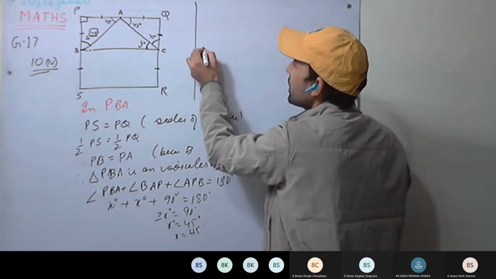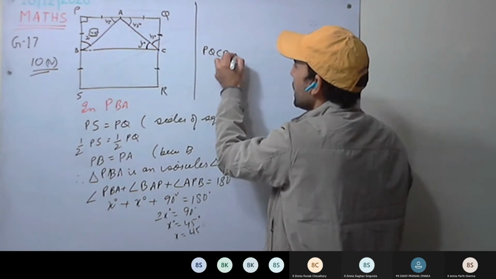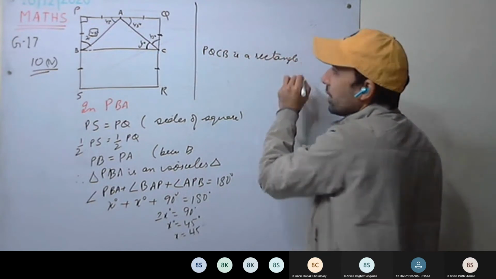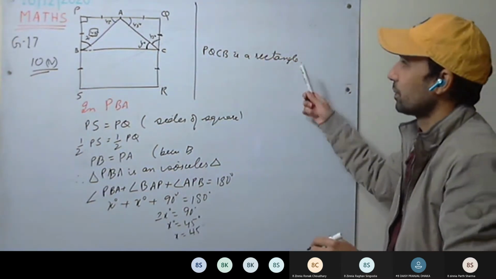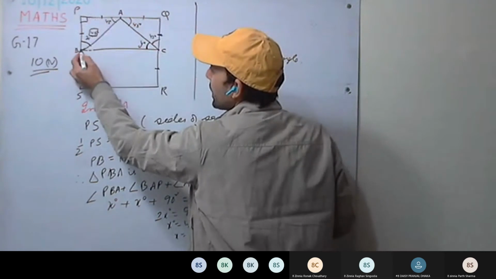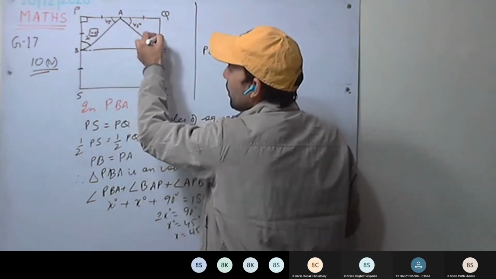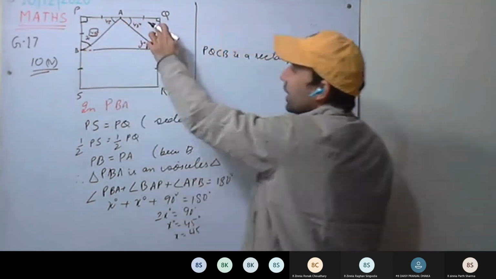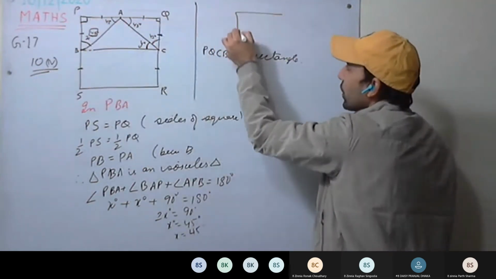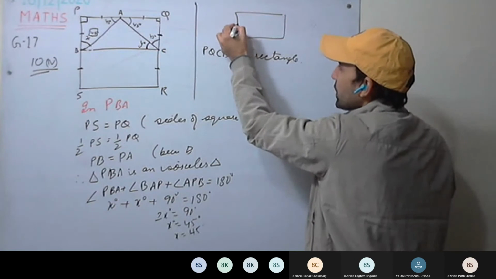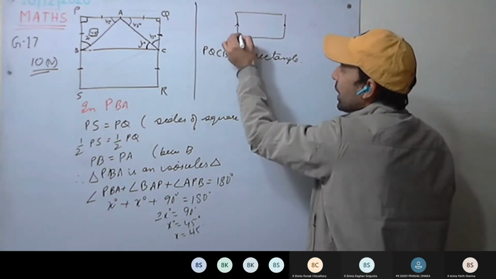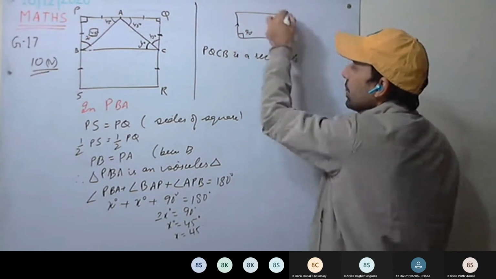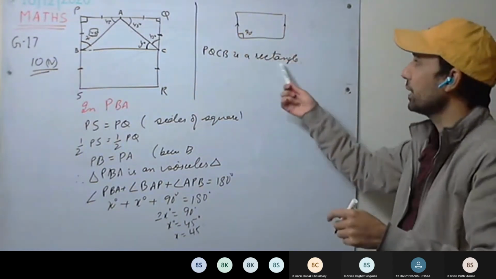And PQCB is a rectangle. PQCB is a rectangle because these two sides are parallel as well as equal, and the angles are 90 degrees. If in a quadrilateral two opposite sides are equal and parallel and even one angle is 90 degrees, then the whole quadrilateral will be a rectangle.